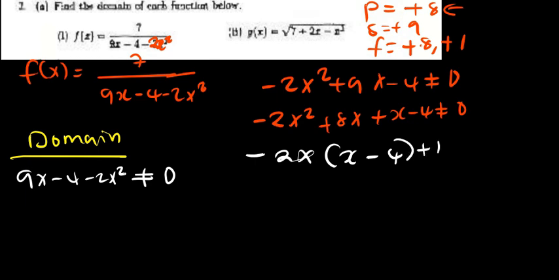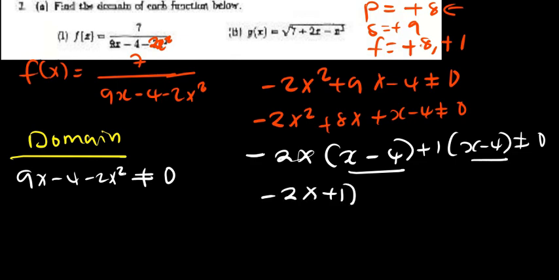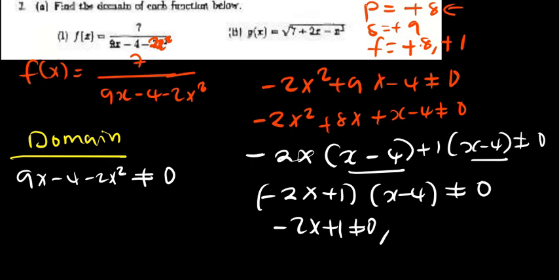Here I'll factor out 1, I have x minus 4 not equal to 0. If these are the same, you write it once. So I have negative 2x plus 1 not equal to 0, and x minus 4 not equal to 0. We continue from here.